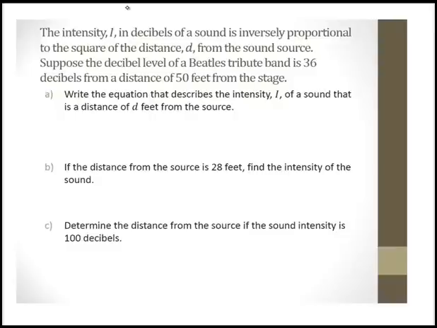Let's find our key phrase. The intensity I is inversely proportional to the square of the distance d. I is k divided by d squared. Inversely proportional, we're dividing by the power of d.